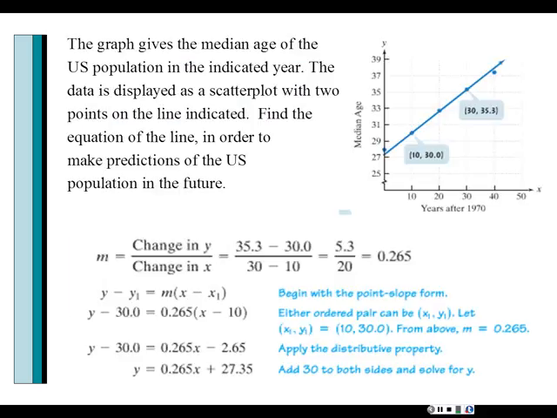Now once you have this equation, you know that along the x-axis you have all the years, right? And y is basically the median age of the population. Now, just from here, can anyone tell me what the independent and dependent variables are?